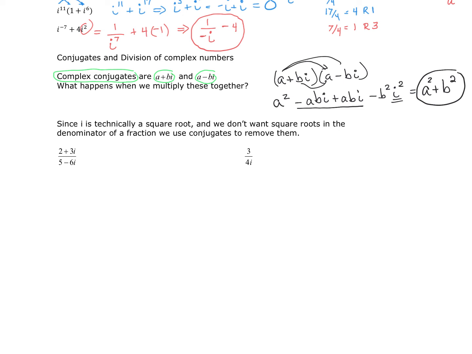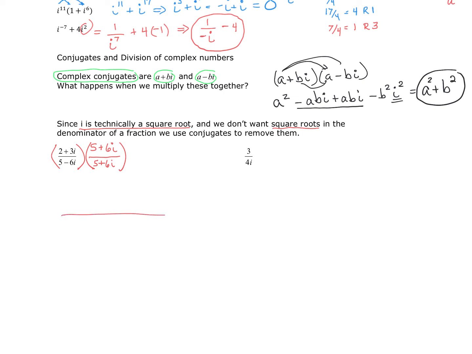So for example, we don't want square roots in the denominator. In other words, we don't want i in the denominator because it's technically a square root. So we're going to take this example here and we're going to multiply. We have to multiply by 1 or we're going to change the value. But I want that i to go away in the denominator, so I'm going to multiply by 5 plus 6i over 5 plus 6i.